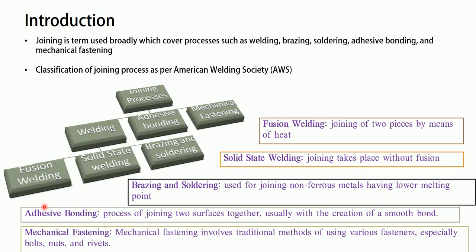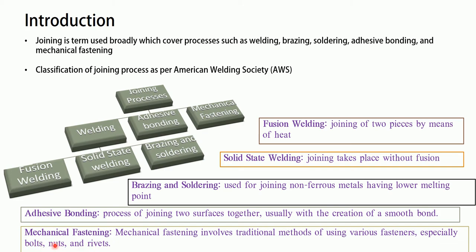And the last one is mechanical fastening. Mechanical fastening involves traditional methods of using various fasteners, especially bolts, nuts and rivets. So with the help of these small mechanical components, whatever joining process is carried out is called mechanical fastening. What are the small elements used for the joining processes? Bolts, nuts, rivets.